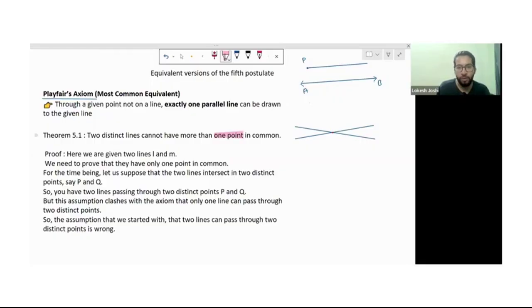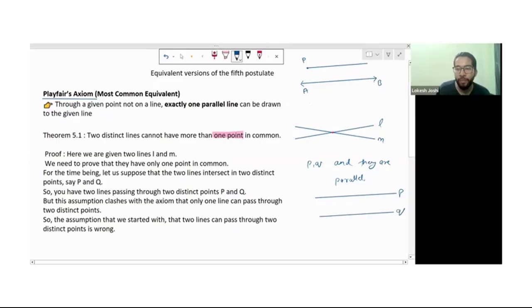Before going to the proof, let me explain another case. Suppose these lines are L and M, and they are parallel. If I say L is parallel to M, then they have no common points.